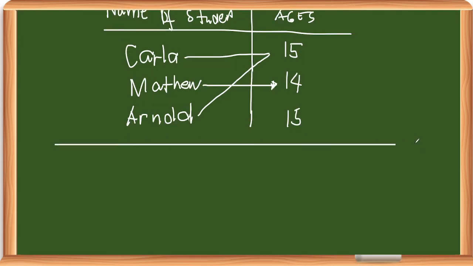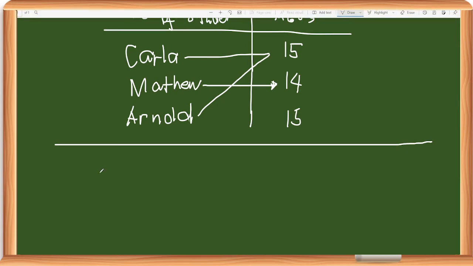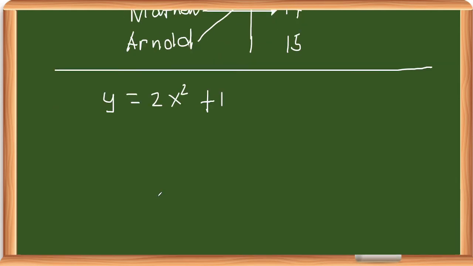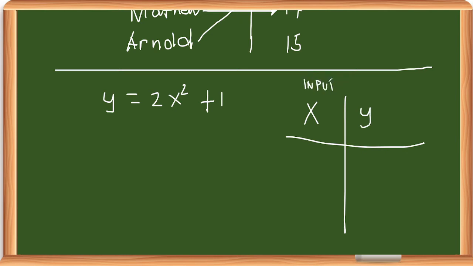Okay, let's have some examples in algebraic expression. If, for example, we have an equation y is equal to 2x squared plus 1, let's have here x as the input and y as the output.